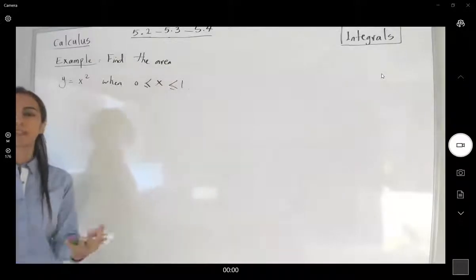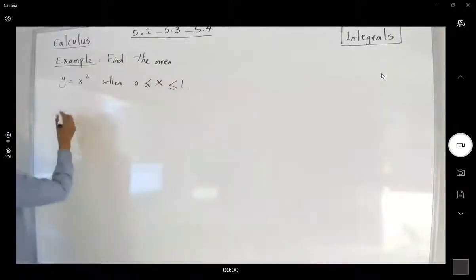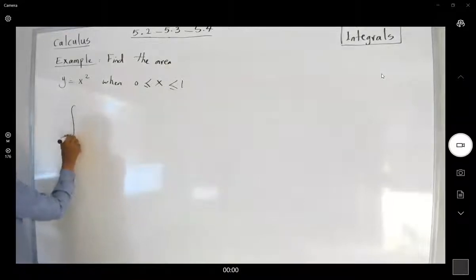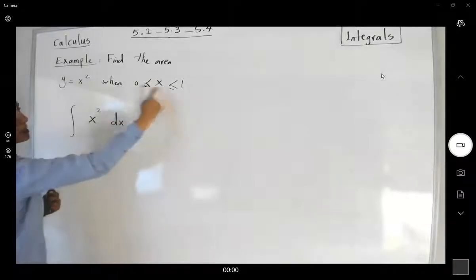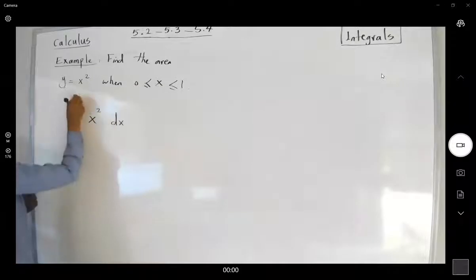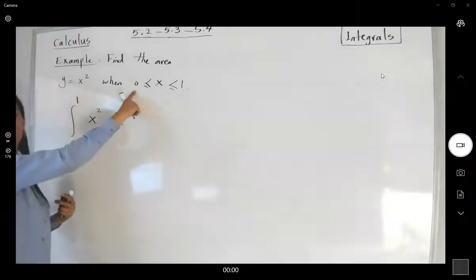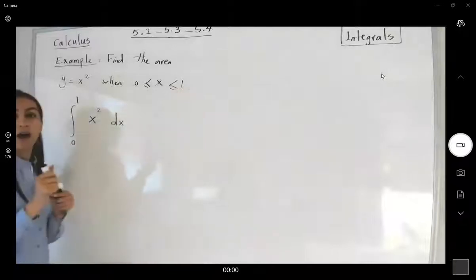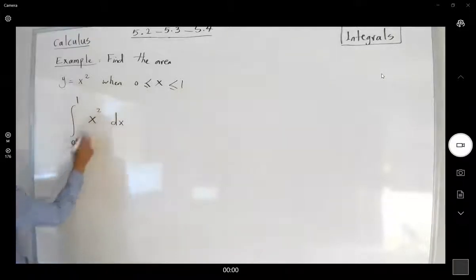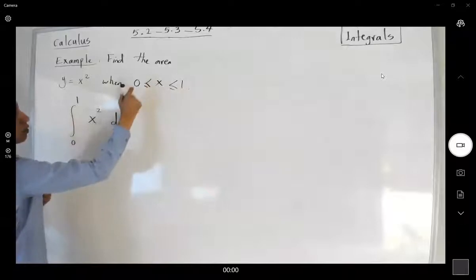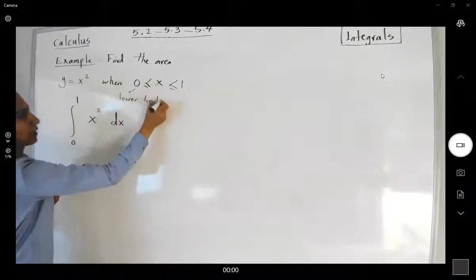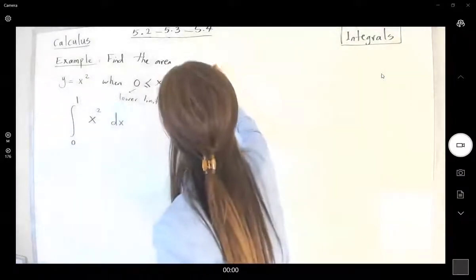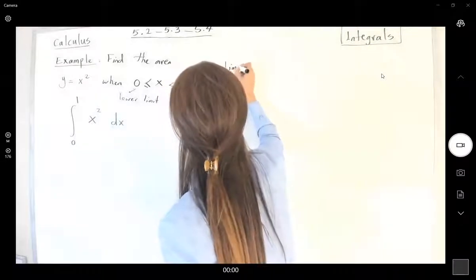So first of all, the way that we write the integral is you have the integral of your function x squared dx, x is bounded between 0 to 1. This is your lower bound, and this is your upper bound. So this is the lower bound, the lower limit. And this guy is the upper limit.